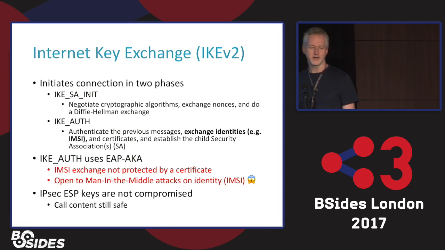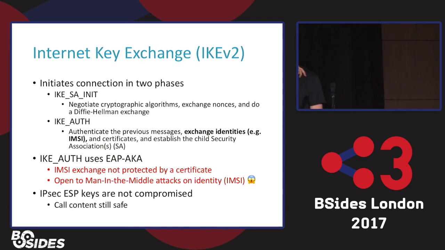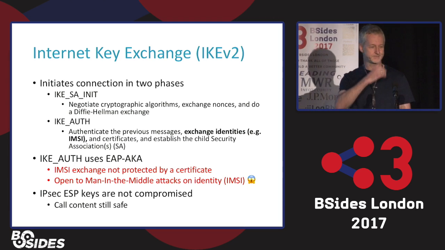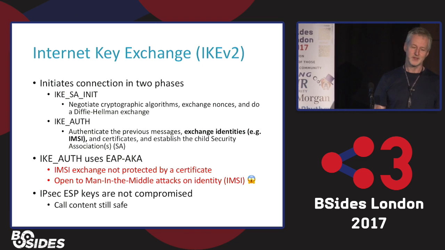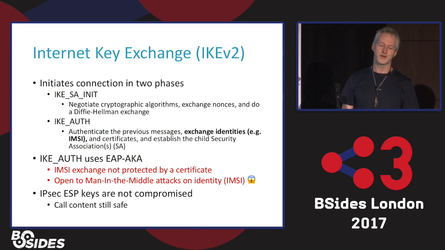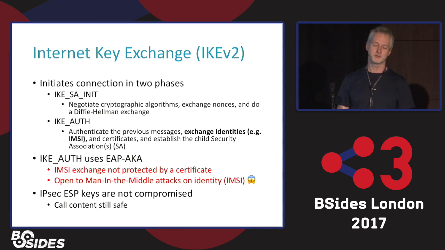So IKE connects in a couple of phases. You've got the SA init phase, where you negotiate the cryptographic algorithms and do a Diffie-Hellman exchange. The Diffie-Hellman exchange allows you to build up a pair of shared keys.